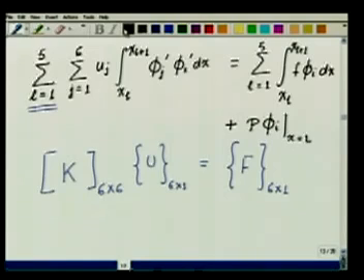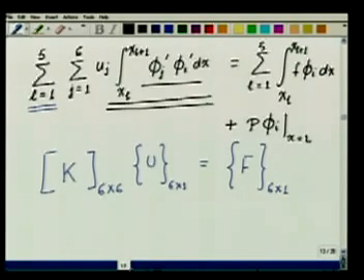This matrix comes from the expression under the integral obtained over the whole domain. The elements of the vector U are nothing but these coefficients Uj. This matrix, as we had introduced earlier, is called the global stiffness matrix.